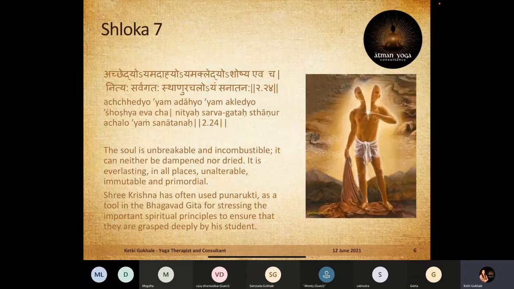So Shri Krishna is emphasizing, repeating it again and again. In the last session we saw the shloka Nainam Chindanti Shastrani, that it can't be cut or wet. Similarly, he is repeating again through this shloka that the soul is eternal. You cannot burn it or wet it; nothing can be done to that highest principle of Purusha.